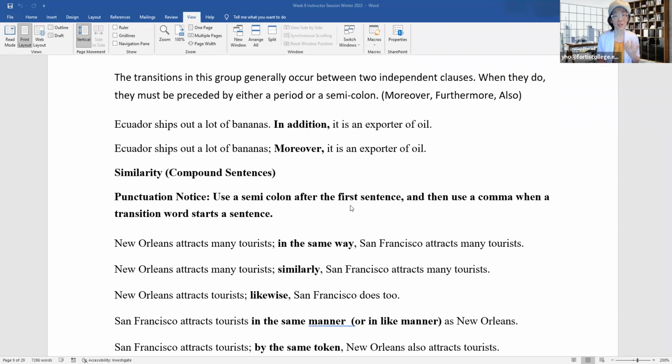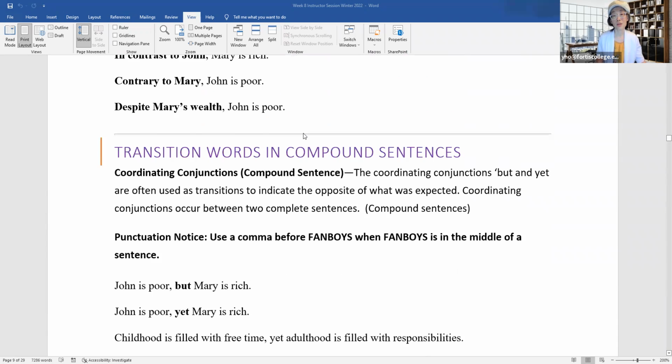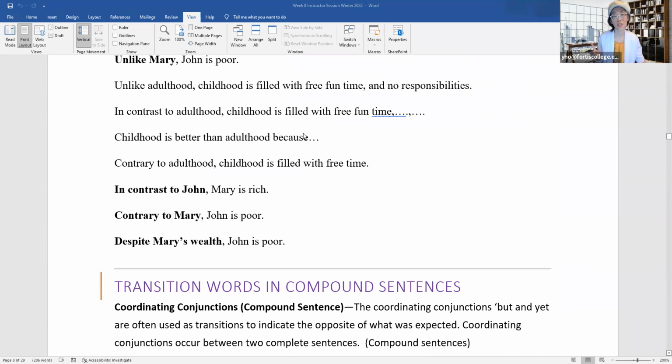So here you have one sentence and another sentence, and you have a conjunctive adverb, okay, same thing. And that's what makes a compound sentence. A compound sentence simply means two sentences, whereas a simple sentence is just one sentence.